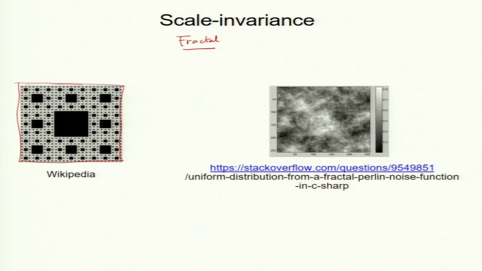This is a big square. The center region is black, and there are 8 of them in the corner, in the periphery. So if you look from the largest level, we have a big square, with one big black square in the center and 8 in the periphery.